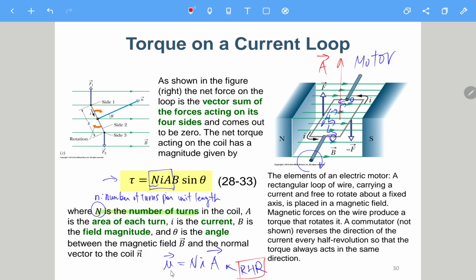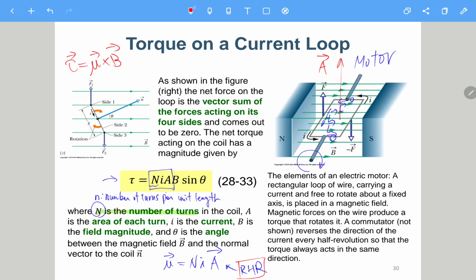So this is mu, and then B, and you can see a sine theta here. When you see a sine theta, you can sense that it is something like a cross product. It turns out the torque is actually mu cross B.